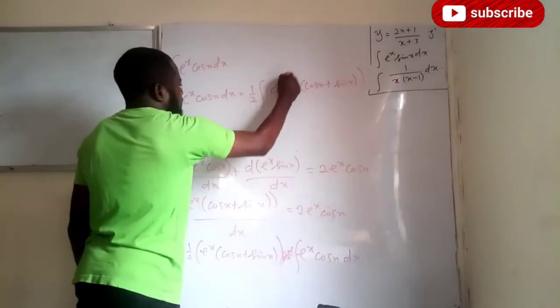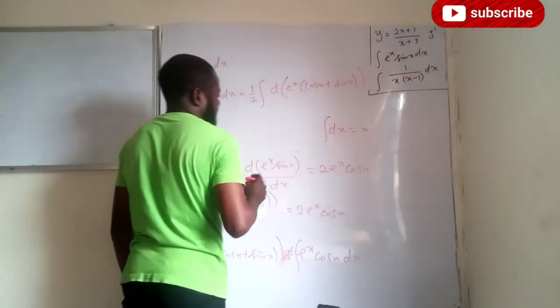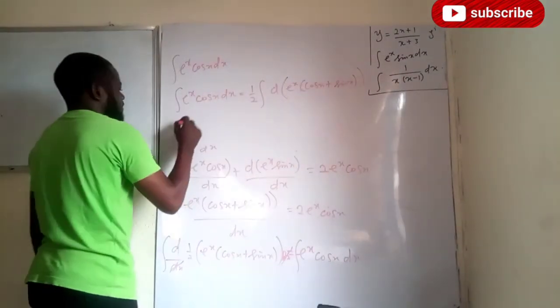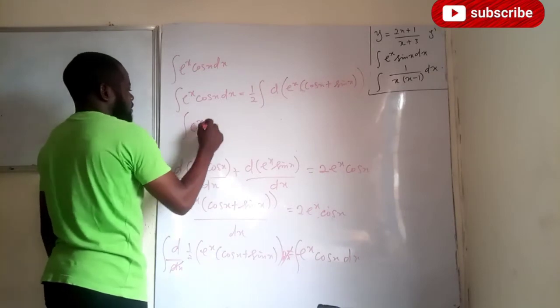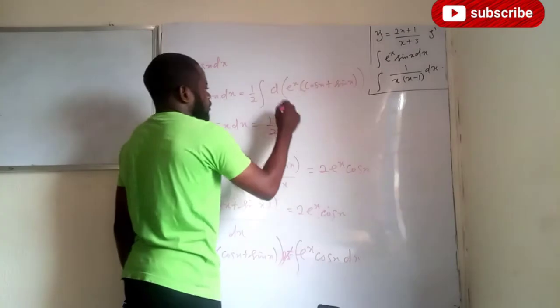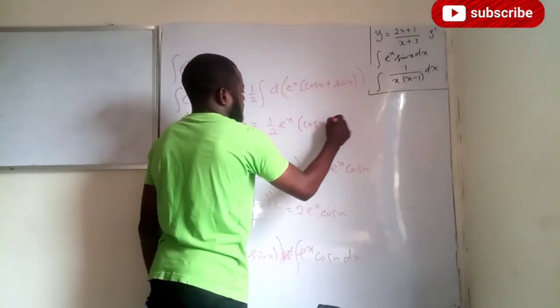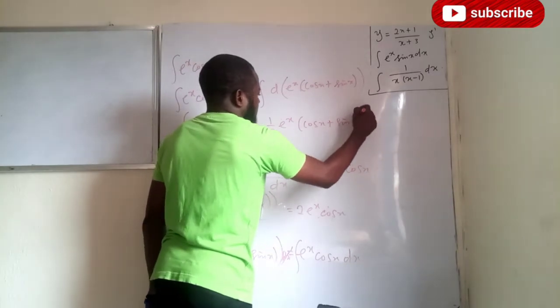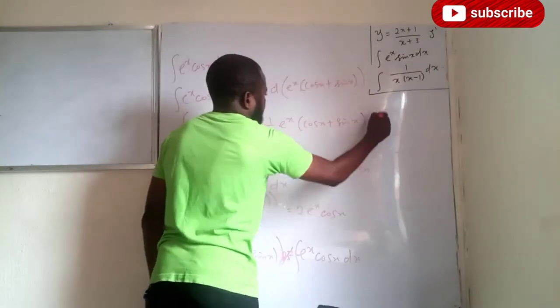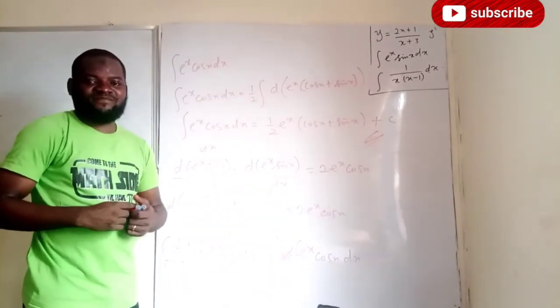Okay, so normal, if I have integral of dx, my result is x. Thus, we have that the integral of e to power of x cos x dx equals 1 over 2 e to power of x cos x plus sine x. So, and this is our result. It's awesome. Thank you.